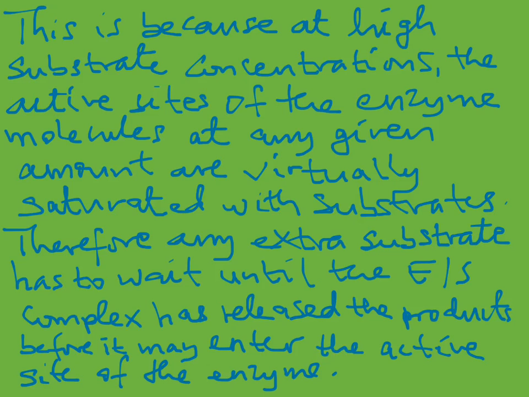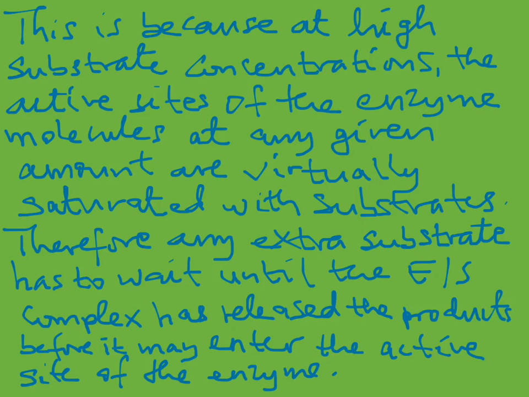In this case, if you add 5 more substrates, making it 15, there will be no active sites for the 5 extra substrates to bind to. Therefore, an enzyme substrate complex must have been formed.